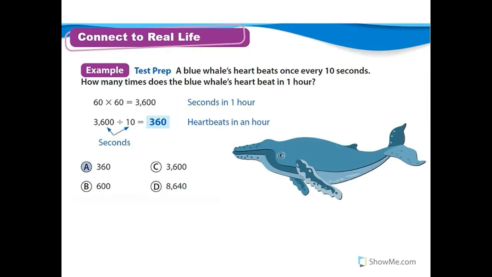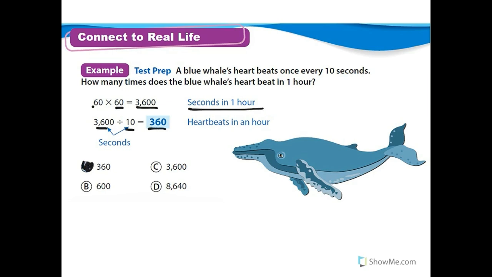Alright, let's connect this to real life. In our test prep example, a blue whale's heart beats once every 10 seconds. How many times does a blue whale's heart beat in 1 hour? So 60 times 60 is 3,600. See, that's how many seconds are in 1 hour. So 3,600 divided by 10 is 360.